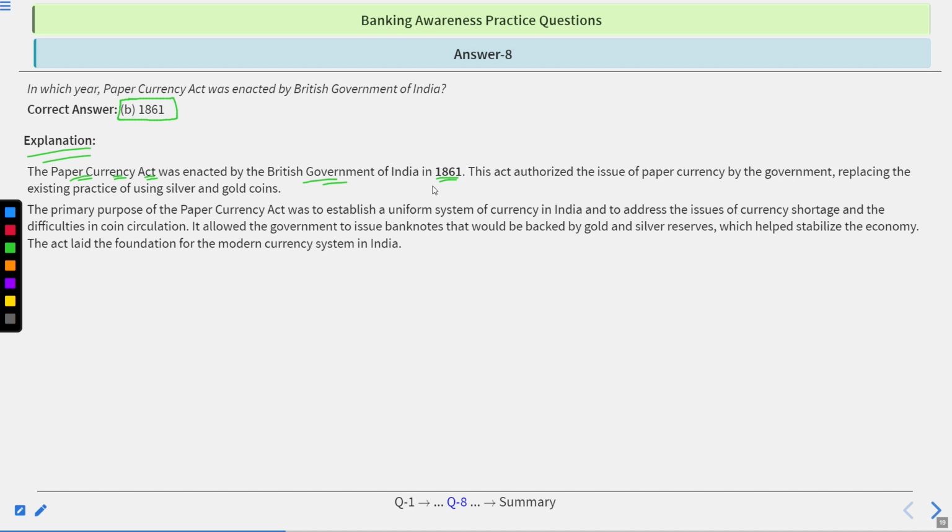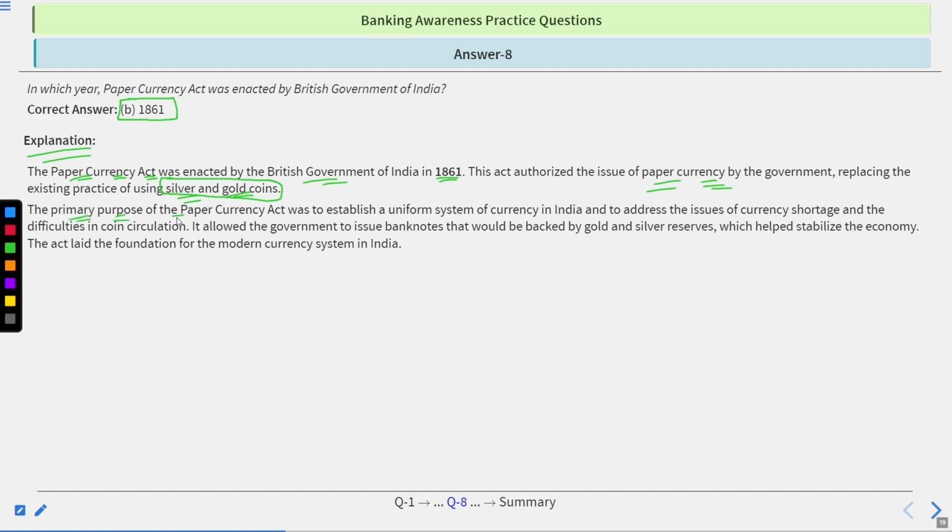Previously, as we know, in India we had a currency system where we used silver and gold coins, but these were precious metals. So whenever the government tried to make coins of them, the cost of making them was higher. So that's why the government authorized the issuance of paper currency by passing the Paper Currency Act 1861.